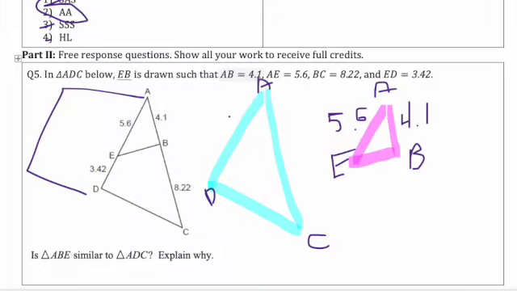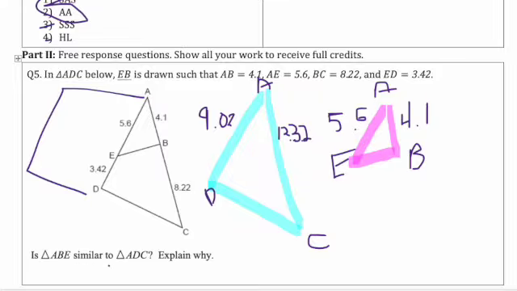So we have 9.02. And then we have 3 point, and this is 12.32.